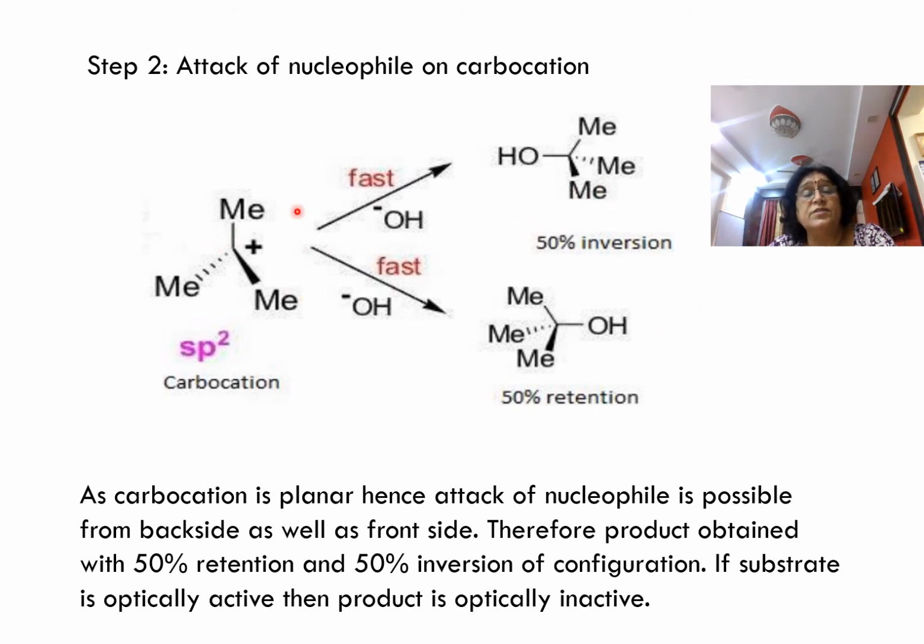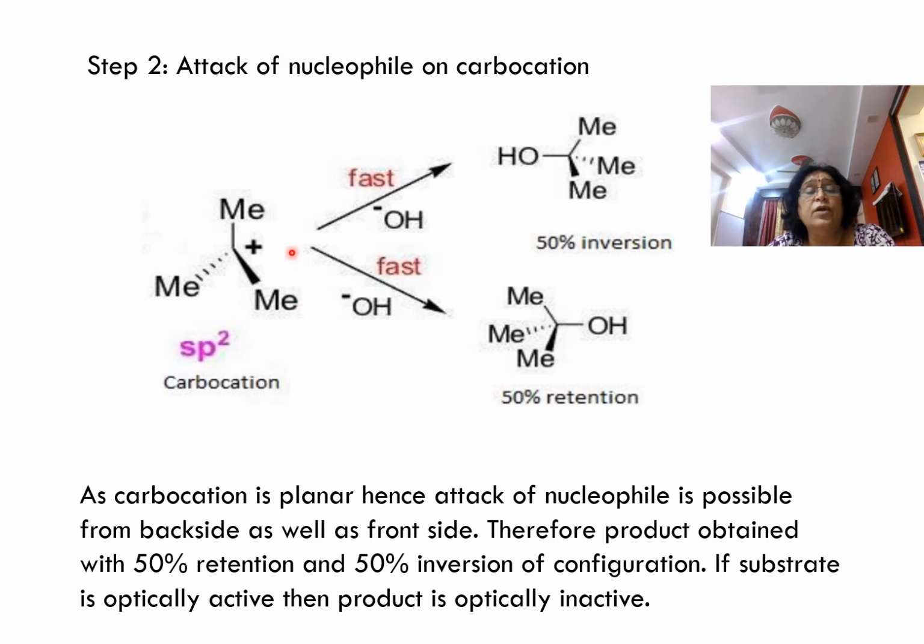When it attacks from the same side where the leaving group was earlier attached, it is called retention of configuration. So the products formed have 50% inversion configuration and 50% retention configuration. As the carbocation is planar, the attack of the nucleophile can happen from both sides, front side and back side, and the product formed is 50% inversion and 50% retention.